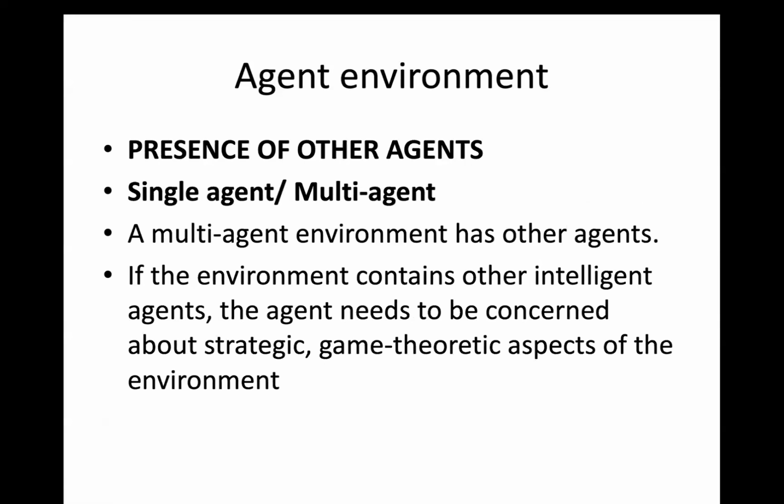The other way of describing an agent is whether it will operate in a multi-agent environment or a single agent environment, that is, the presence of other agents. For a single agent system, it means it's the only agent there, with no other agents in its way. If we look at the Roomba, the cleaning robot, it was operating in an environment where there were no other agents.